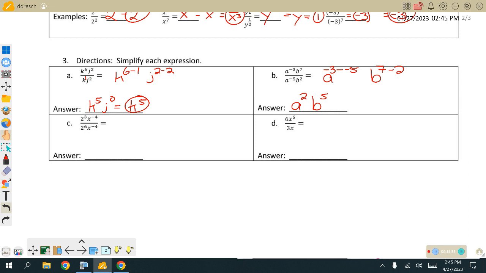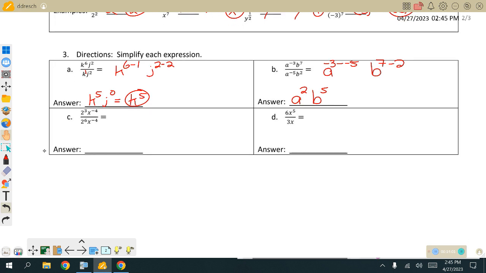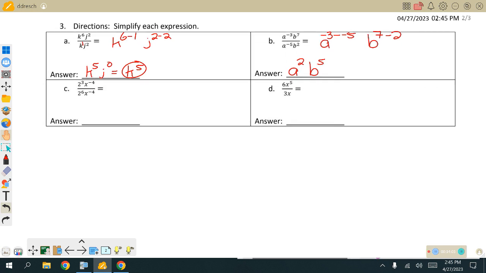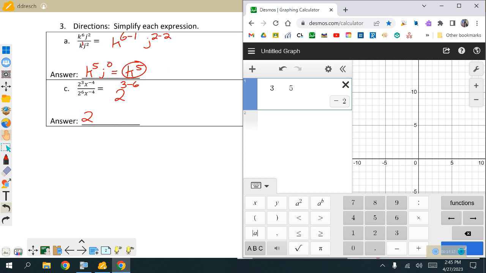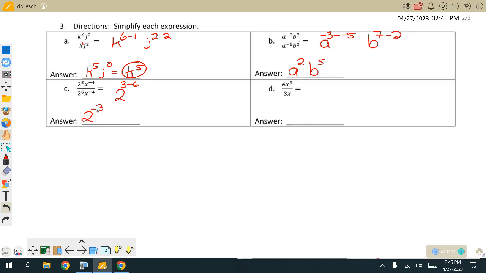All right. Down below, letter C, I got some 2's, I got some X's. Let's go with the 2's. They're like bases. Top minus the bottom. 3 minus 6. -3, right. Use that calculator. Okay, 3 minus 6, -3. X's, this is where the tricky part comes in.